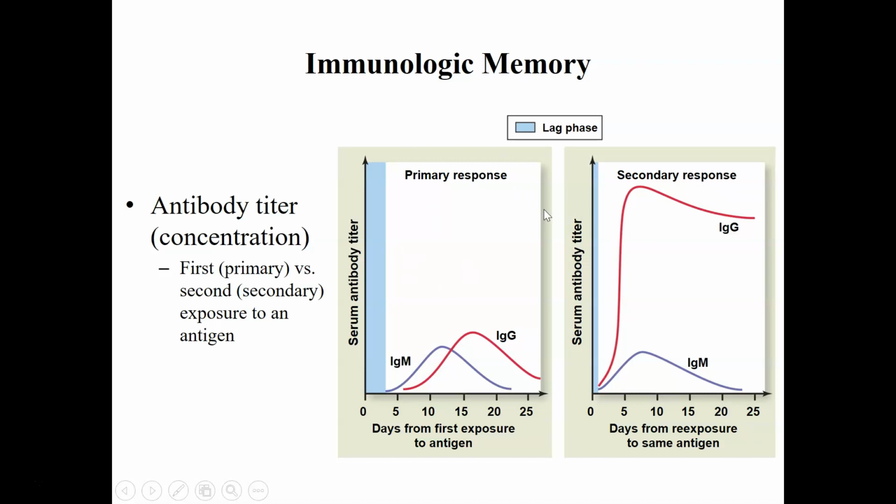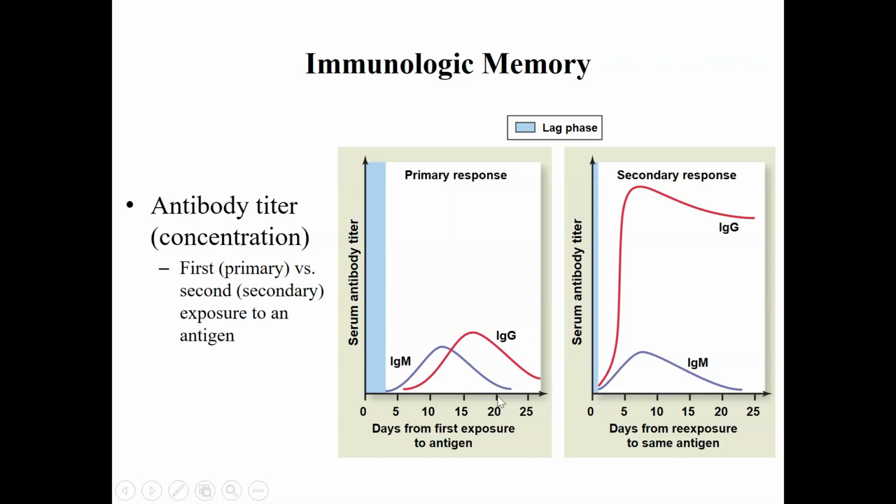One thing you should notice is there's a lag phase between exposure time 0 and when you start to see an increase in antibody concentration, IgG here. For IgG, that's about a week after the first exposure for the primary response. For the secondary response, the lag period is much shorter, so maybe a day even before you start to see an increase in this IgG.